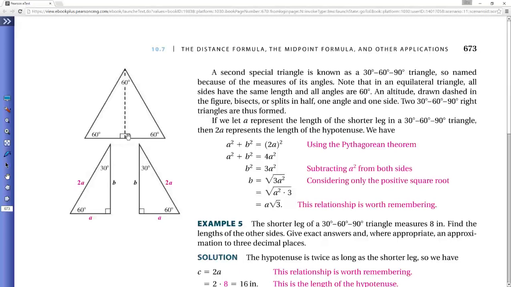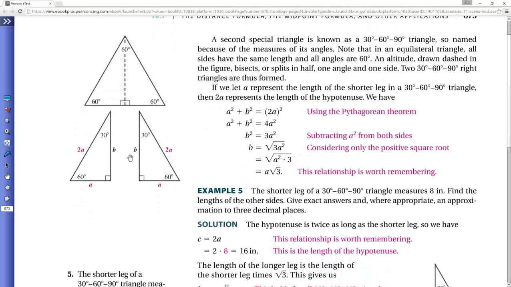Now I know I have a 90 and a 60, so what does this one have to be? Well, I only have 30 left to make that 180. Here's 60, 90, and 30. So this splits this angle into two equal parts too. So we end up with two 30-60-90 triangles. Now they start filling in some information here. They're saying, well, if this side, now we've got this ABC kind of thing going on.